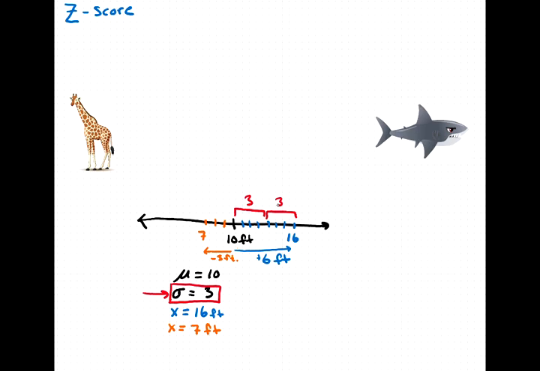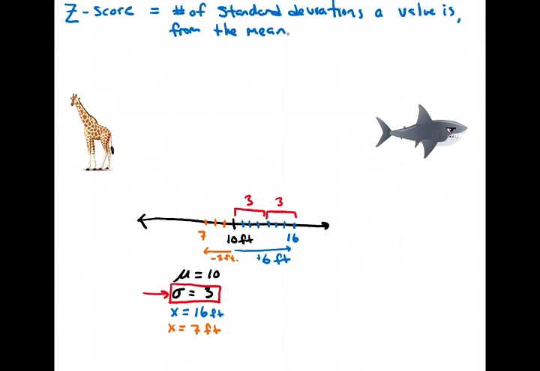And so the z-score is equal to the number of standard deviations a value is from the mean, from the mean of the set, which is the center of the set.